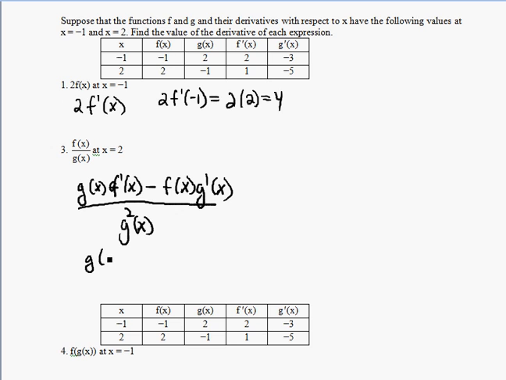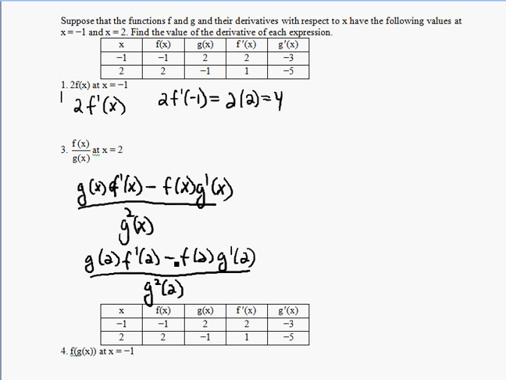So it would be g of 2 f prime of 2 minus f of 2 g prime of 2, all over g of 2 quantity squared. So g of 2 is -1 times f prime of 2 is equal to 1.